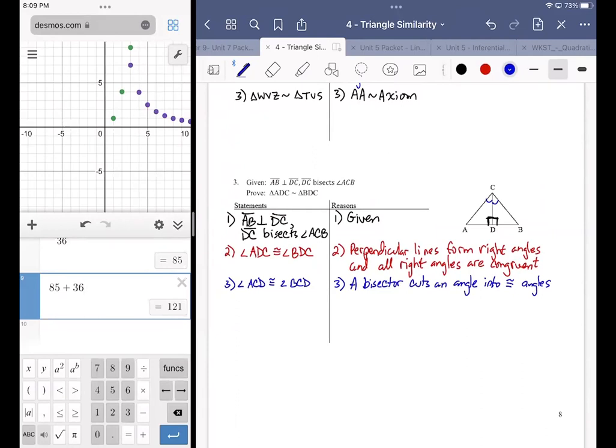And so really the only thing that remains is to make the proof statement, and that is that the two triangles are congruent to one another. Triangle ADC, congruent, I did it again, can't stop myself, similar to triangle BDC. And that would be the angle-angle axiom.